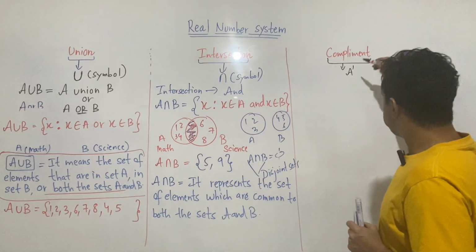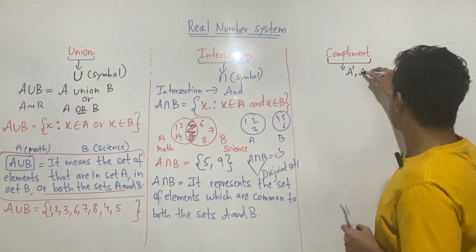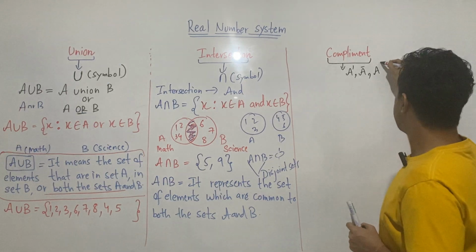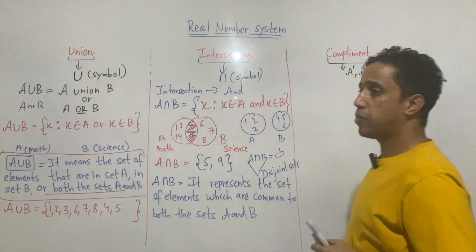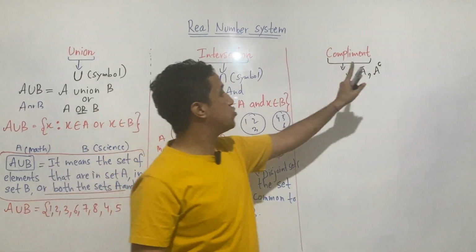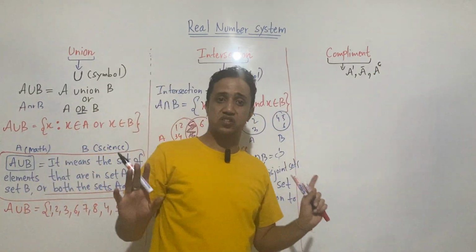Sometimes you may also see it represented by A bar, or A C. More often you will see the dash, but if you see these symbols too, don't get confused, it means the same.